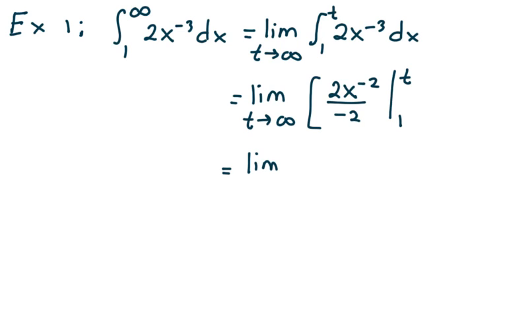So this is the limit as t goes to infinity. Notice I have not taken a limit yet. And so this is negative x to the negative 2 from 1 to t, since the 2's cancel.